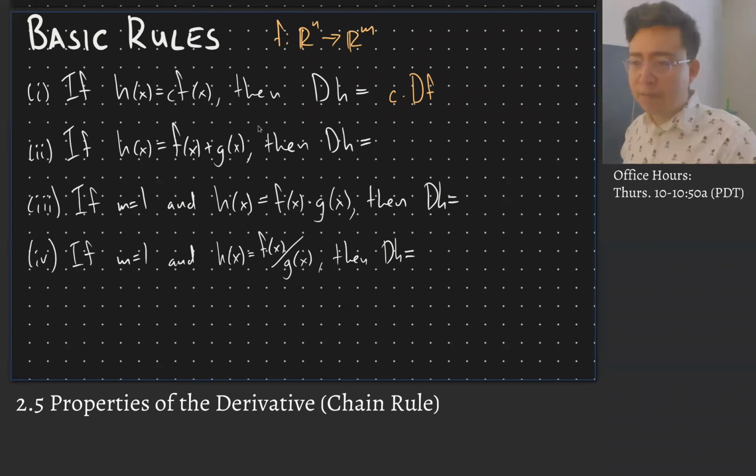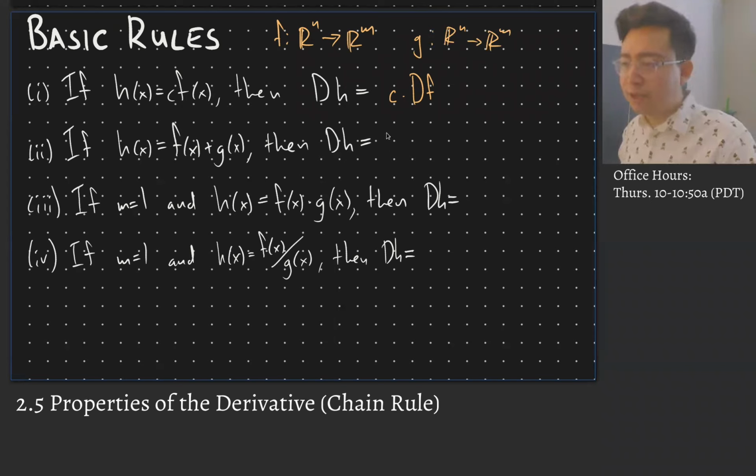The other thing you get here is with addition. If you take the total derivative, or the matrix of partial derivatives, of the sum of two functions, I should also throw in here that g is also from R^n to R^m, so they have the same dimensions and you can add them together.